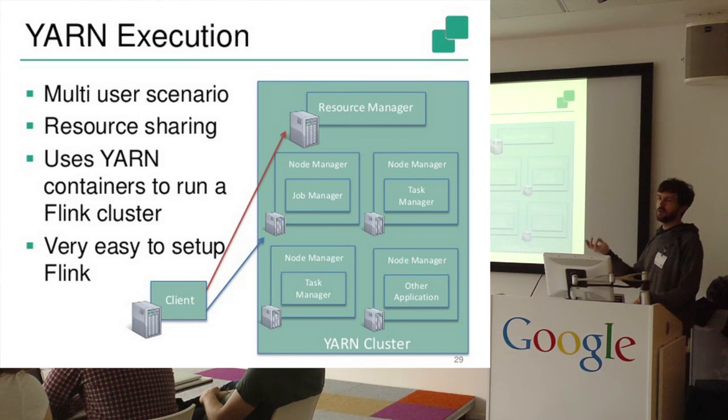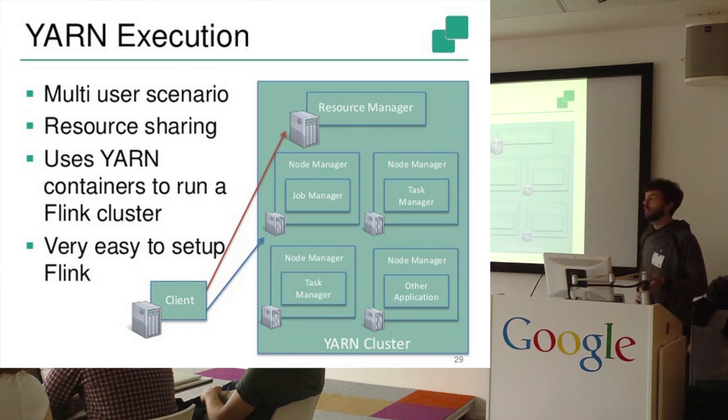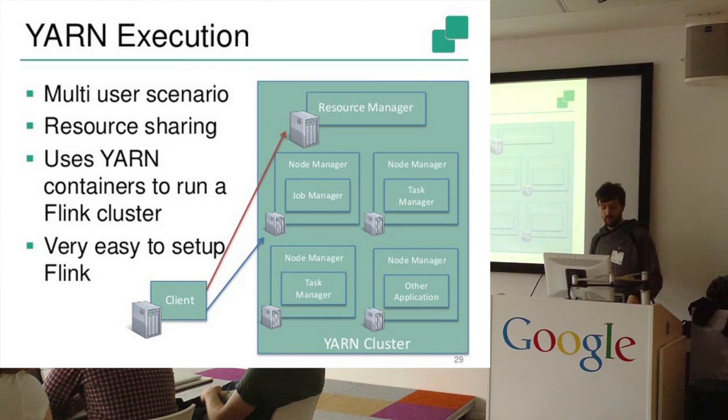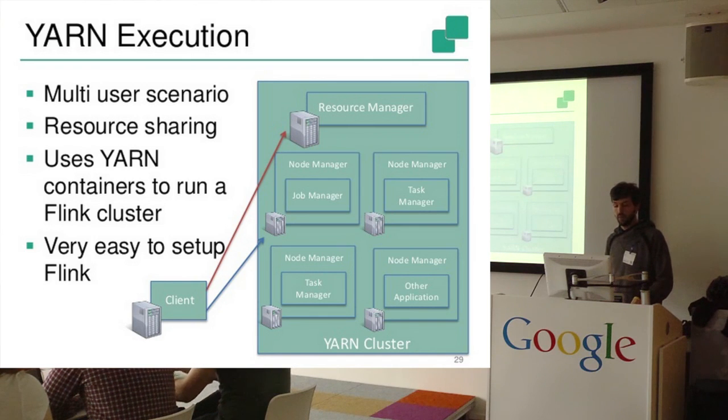It enables you to do resource sharing, and the way it works is that the client requests containers from the Yarn resource manager, and then starts the Flink cluster on nodes and containers provided by Yarn. This is probably the easiest way to set up Flink or run a Flink program. If you already have an existing Yarn cluster, you don't need to worry much about configuration.